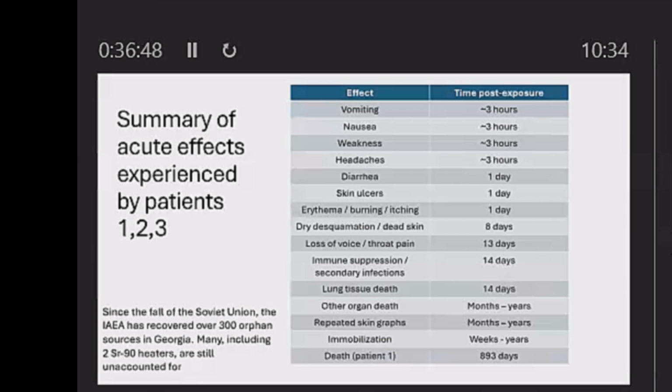They lost their voice, throat pain, and then immune suppression, secondary infections, right? Because the bone marrow is so critical to your immune system. Lung tissue death, other organ death, and then patient 1 died. Since the fall of the Soviet Union, the IAEA has recovered over 300 orphan sources just in Georgia. Many, including 2 strontium-90 heaters, are still unaccounted for, and this is just Georgia.